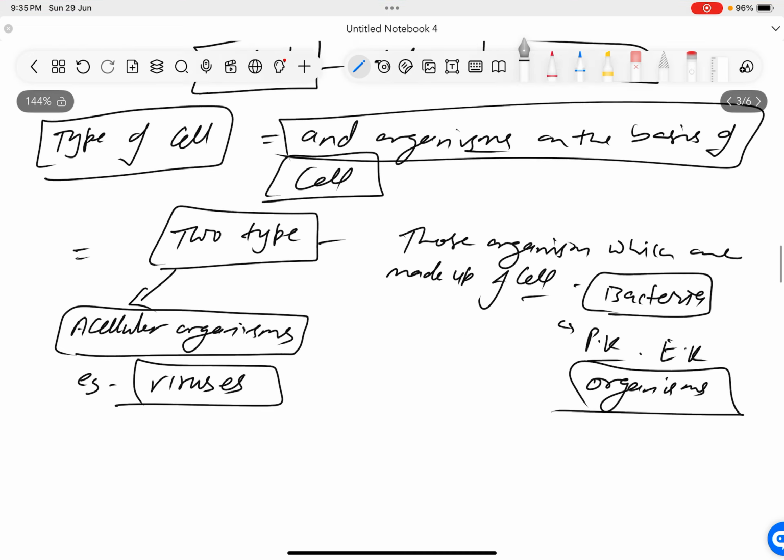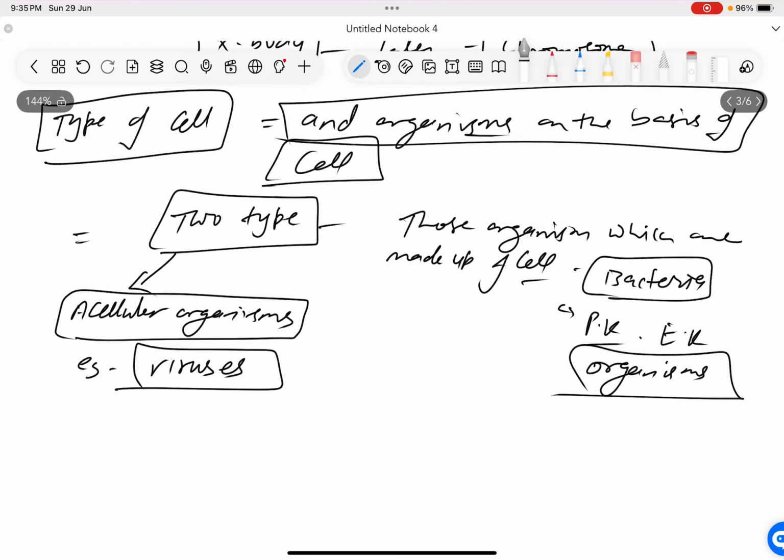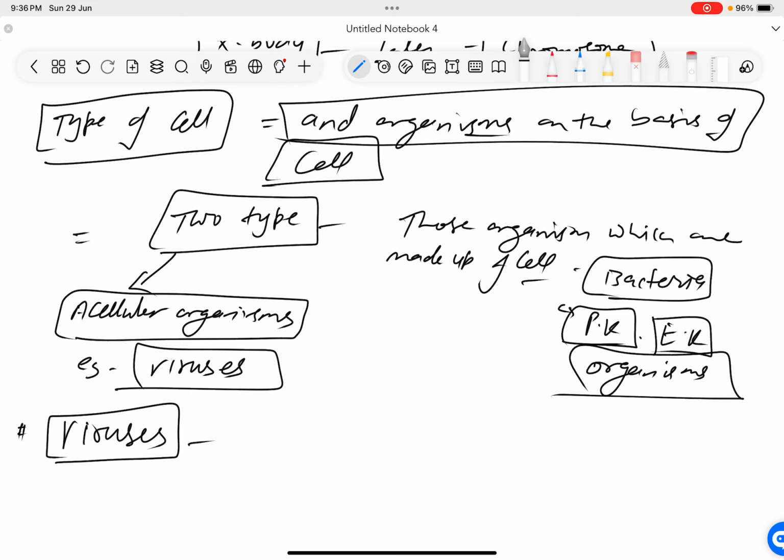In the next class, which we will record soon, we will discuss viruses, and then we will go for the prokaryotic cells, and then the eukaryotic cell.